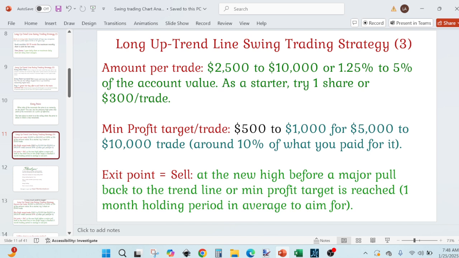Then you can get ready to buy again when it pulls back to that line, or if another stock on your watch list is well positioned for you to purchase.